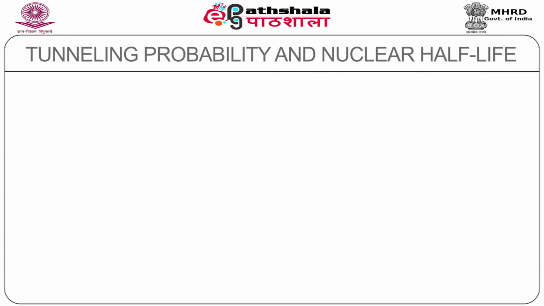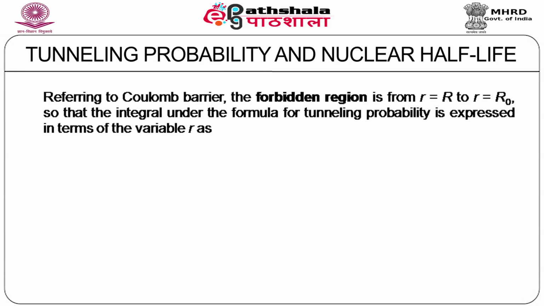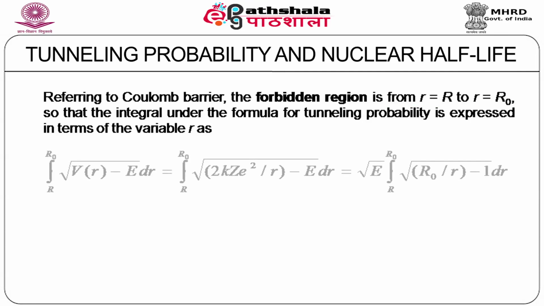So let's come to the tunneling probability and nuclear half-life. Referring to the Coulomb barrier, the forbidden region is from r to capital R0, referring to the figure which you already saw, so that the integral in the formula for tunneling probability for a non-rectangular barrier is expressed in terms of the variable r as the integral which is shown in the figure.